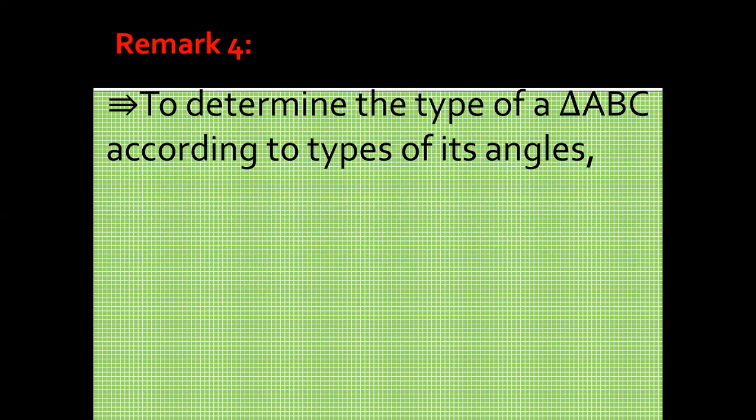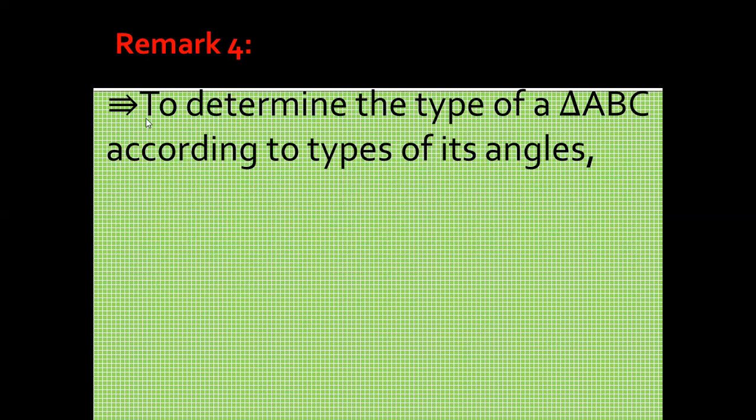The type of triangle according to its angles: we have acute, we have obtuse, we have right. Acute angle triangle, it means its 3 angles are less than 90 degrees. Right angle triangle, it means it has only one right angle. Obtuse angle triangle, it means it has only one angle that measures more than 90 degrees.